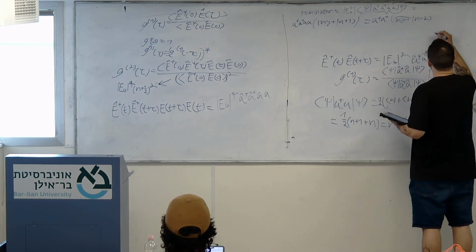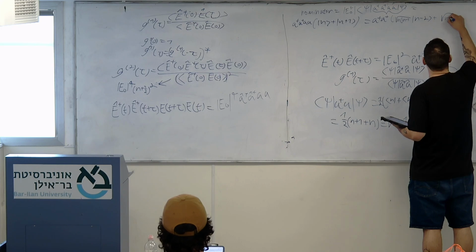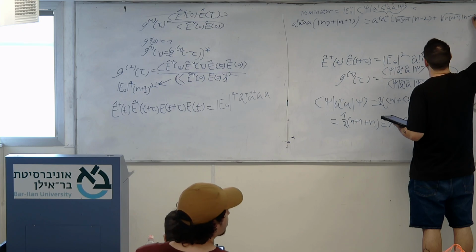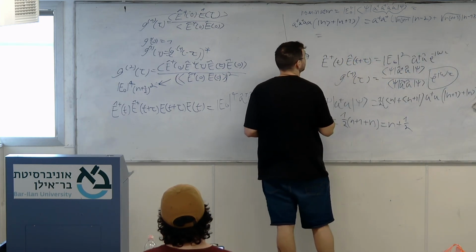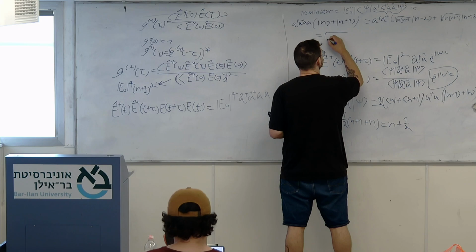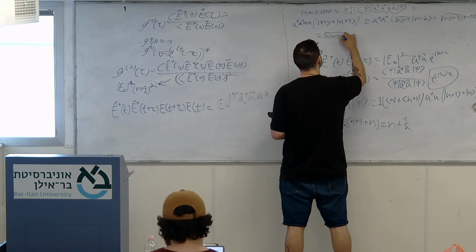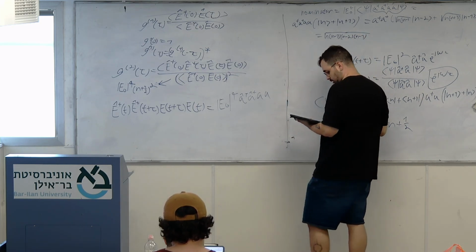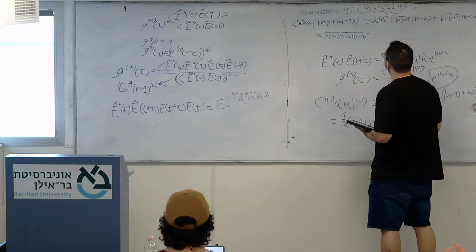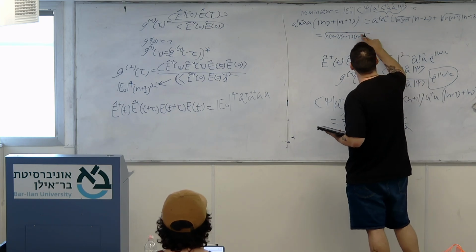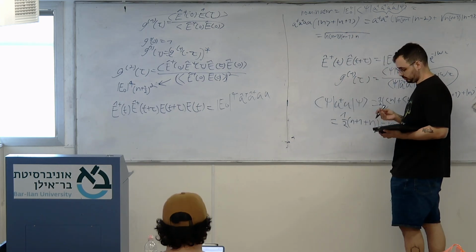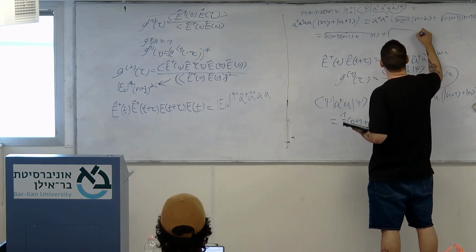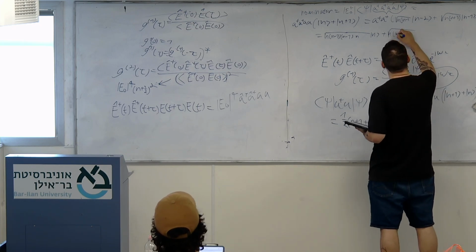Plus the same way n plus 1, n minus 1, and then the two creation operators will give us the square root of n minus 1, n minus 2, n minus 1. No, sorry, this one is n minus 1, n. This is n, n times n minus 1, plus n plus 1.